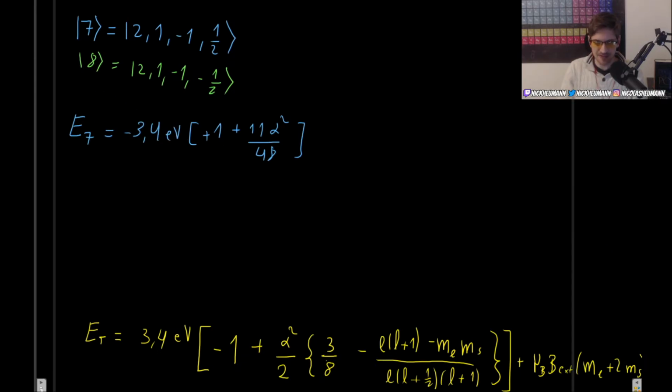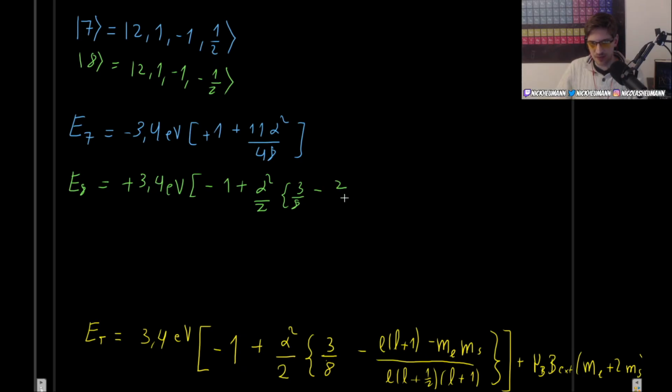All right, so final state, we're almost done. E8. This is plus for now. We will factor out the minus sign later. Electron volts minus 1 plus alpha squared over 2. Get 3 over 8 minus, okay, what do we have here?